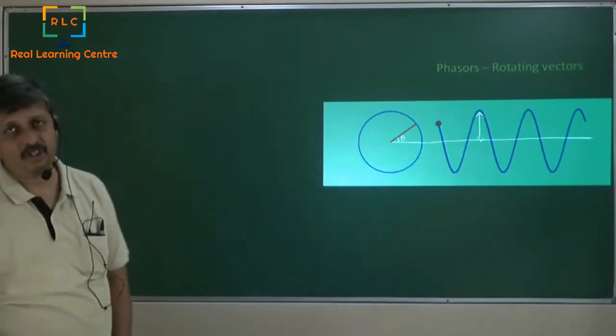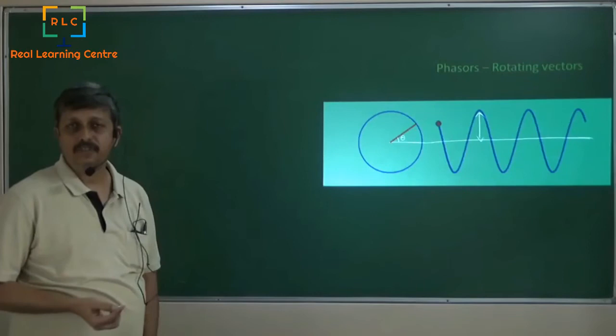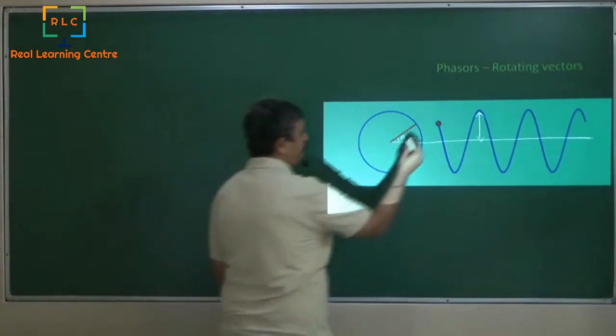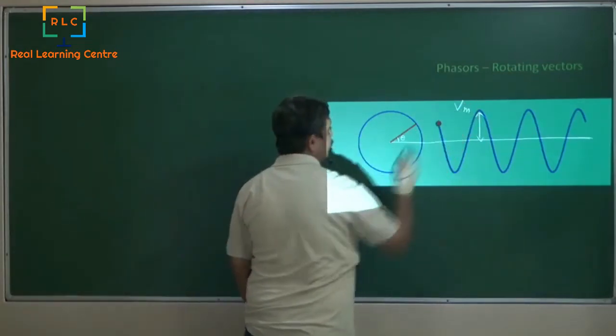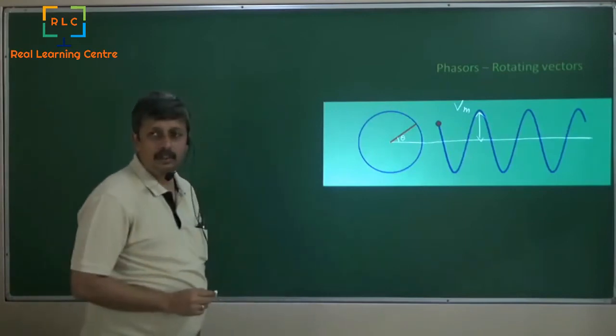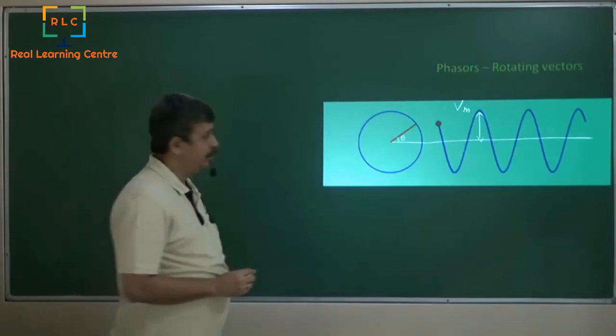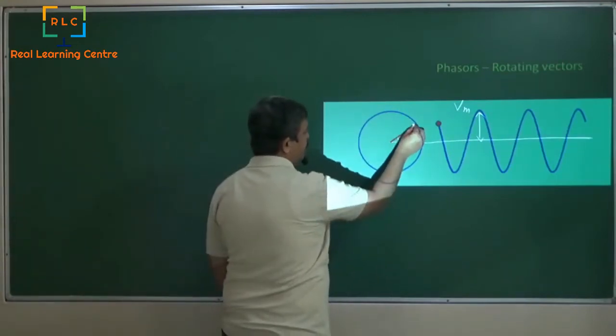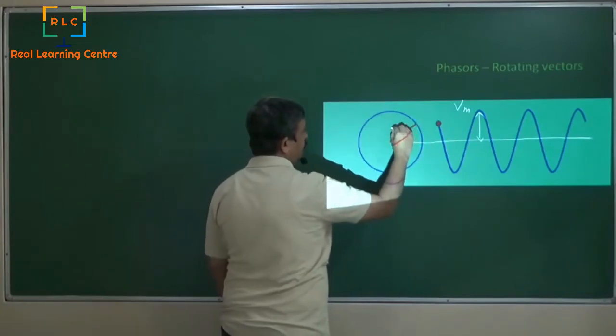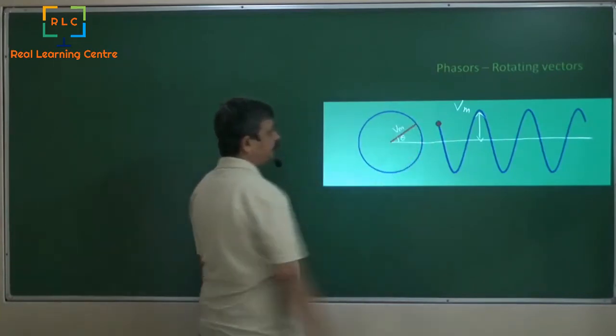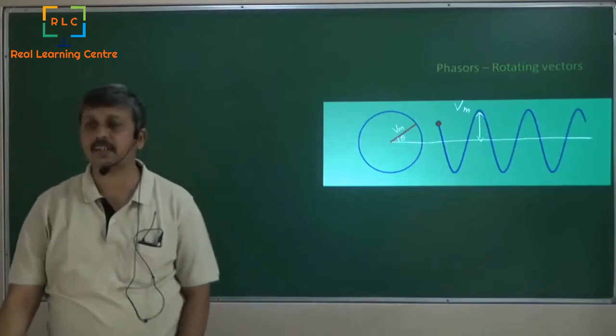If it is voltage we can call it Vm, and we will take the Vm as the radius and draw a circle.